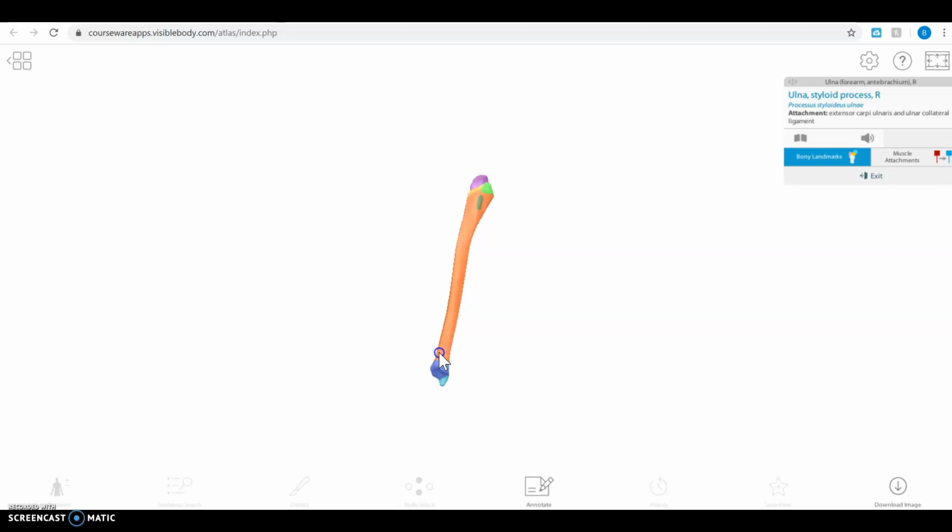Once again, like the styloid process of the radius, the ulnar process kind of curves around those wrist bones. This styloid process will actually face medially, so that the styloid process of the ulna and the styloid process of the radius kind of make a little girdle around the top of those wrist bones.